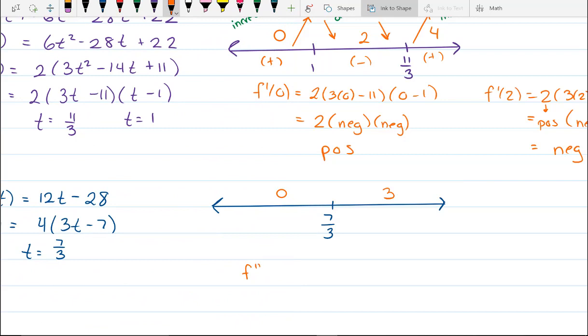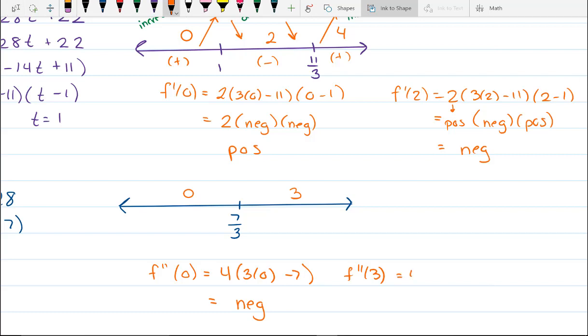So we get f double prime of 0 is going to be 4 times 3 times 0 minus 7, which gives us a negative. Now we try it with 3, and we get 4 times 3 times 3 minus 7, which is a positive.